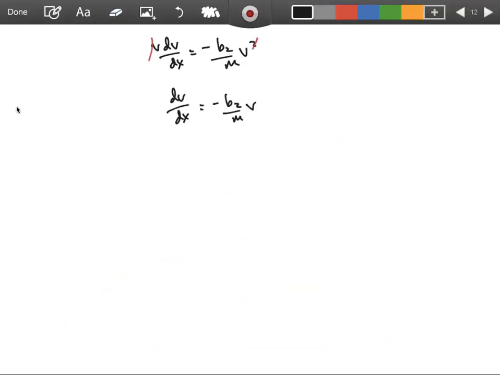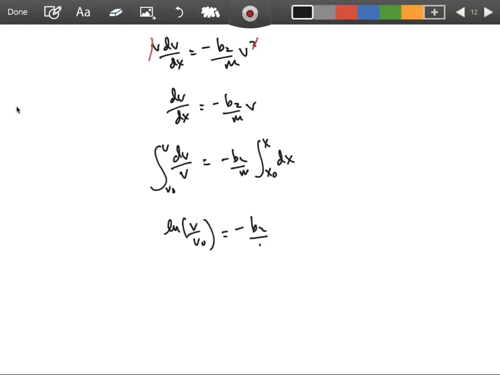Again, we use separation of variables: dv over v, integral from v initial to v final, is equal to minus v2 over m, integral from initial position to final position, dx. So I get a natural log of v over v initial is equal to minus v2 over m times x minus x initial. There we go, that makes more sense.